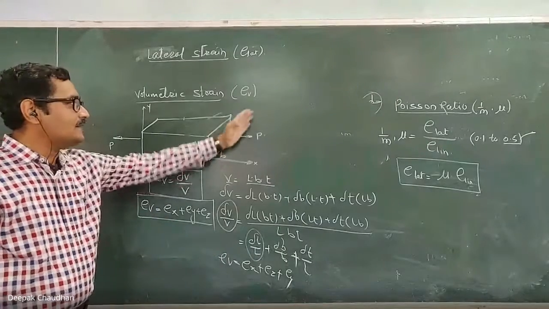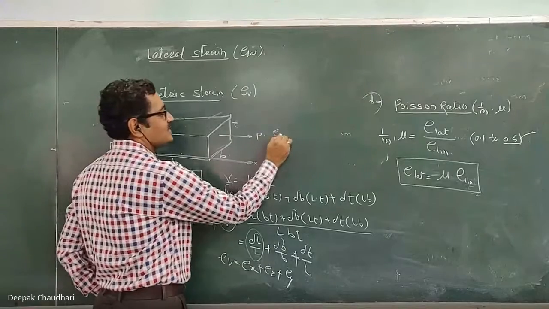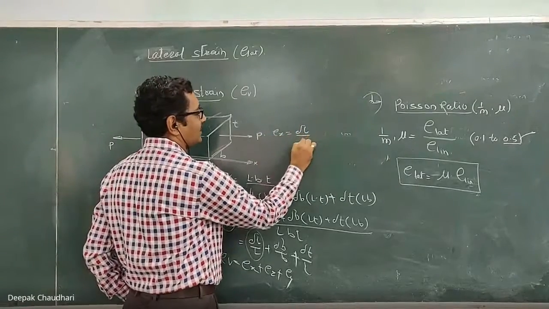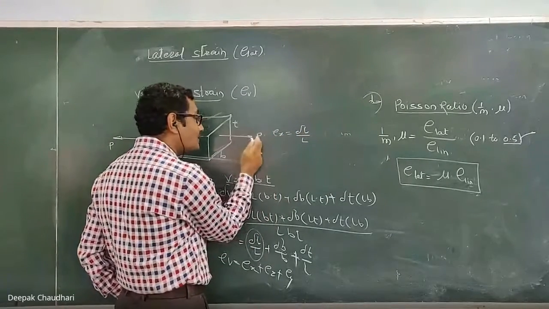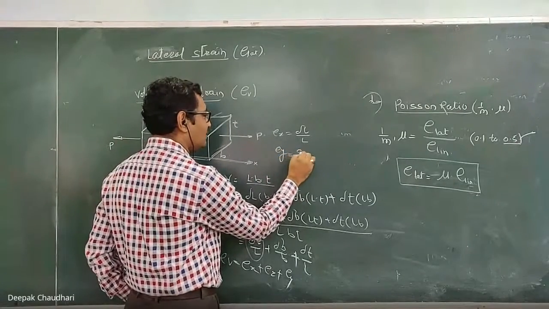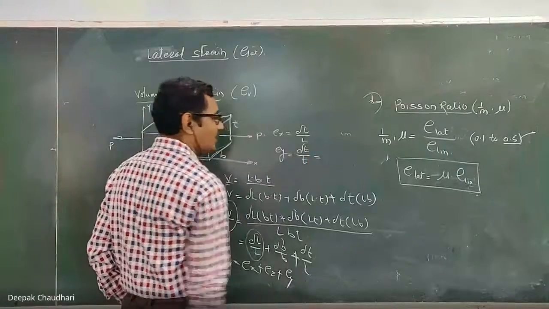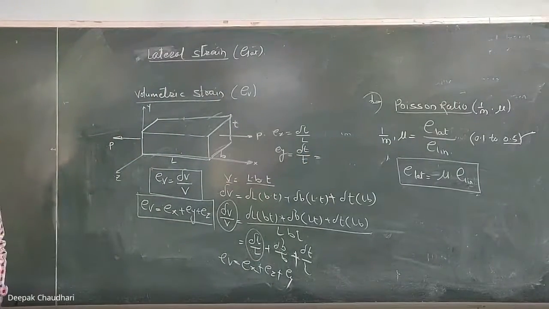Because of this force P, if you calculate the strain in x direction, how much is it? It is equal to delta L upon L. Because of this force P, what is the strain in y direction? You can write EY equal to delta T upon T. But how can you calculate this delta T upon T or EY?